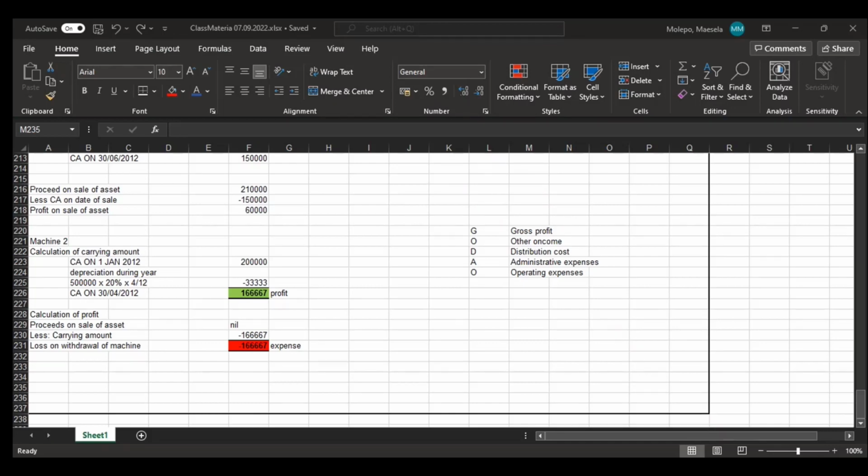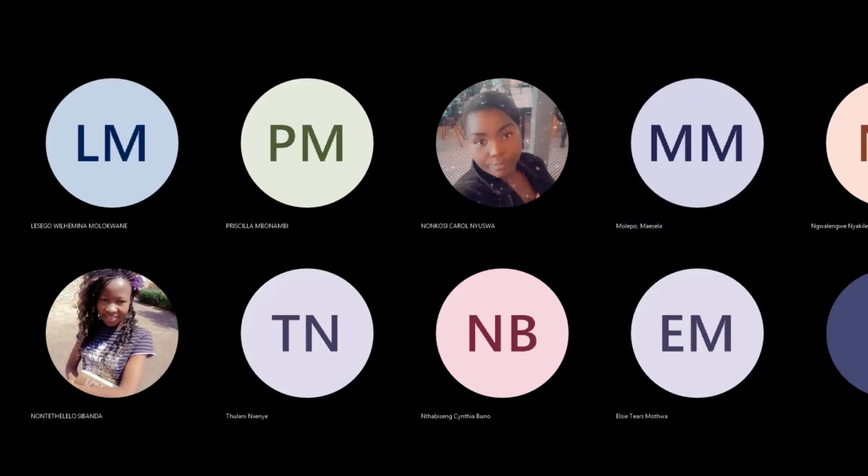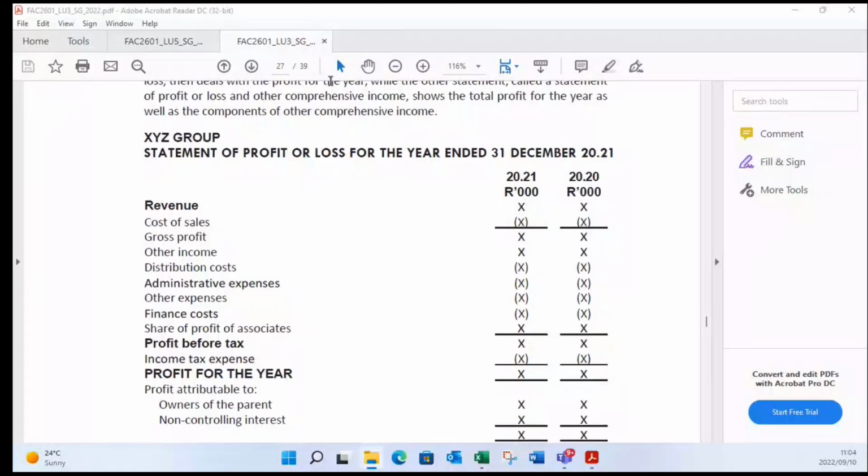UNISA will say you must draft this by function, not by nature. If you are drafting it by function, this is how it's going to look. Do you still remember this part?